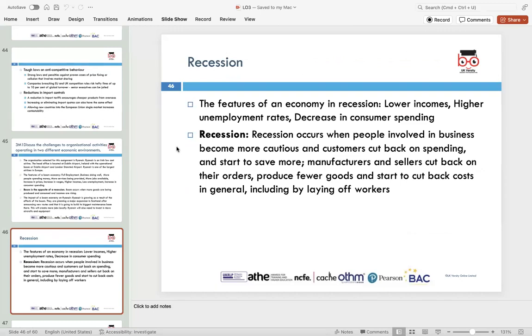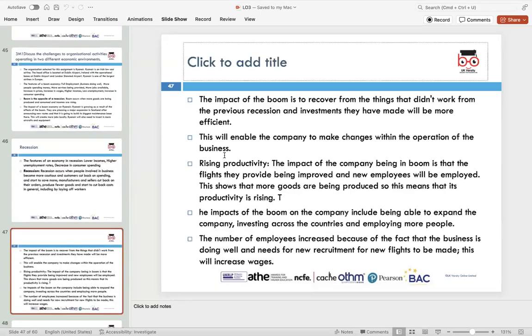In a recession, individuals involved in business become more cautious. Customers reduce their spending and begin to save more. Manufacturers and sellers reduce their orders, produce fewer goods, and begin to reduce costs in general, including by laying off workers.